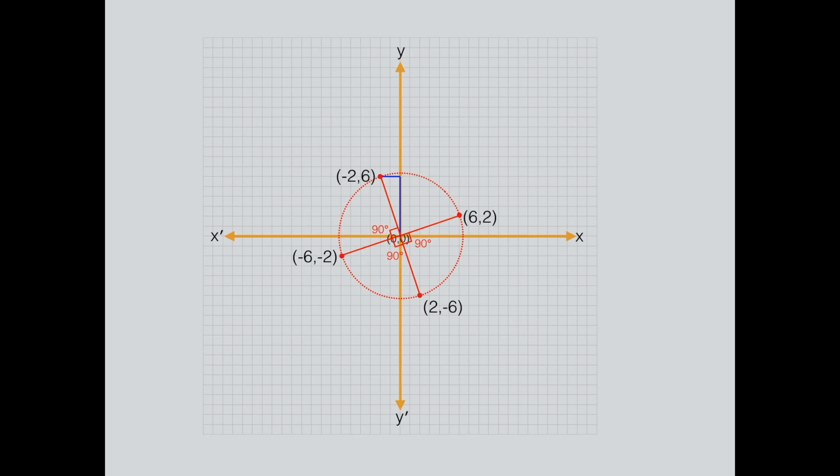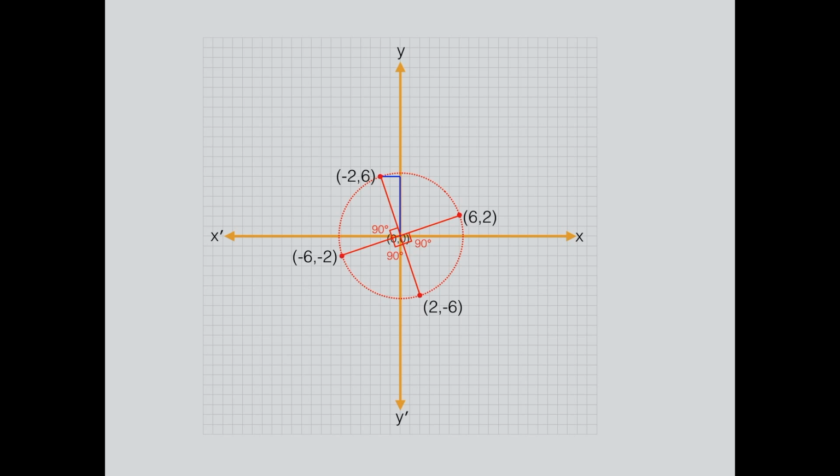And so, after 270, in order to get to 360, a 360-degree rotation is a full circle. We know that. So if we were to have 6, 2 and a 360-degree rotation from 6, 2 clockwise or even counterclockwise, we would reach back at 6, 2. After 270, if we add another 90, we get 360.